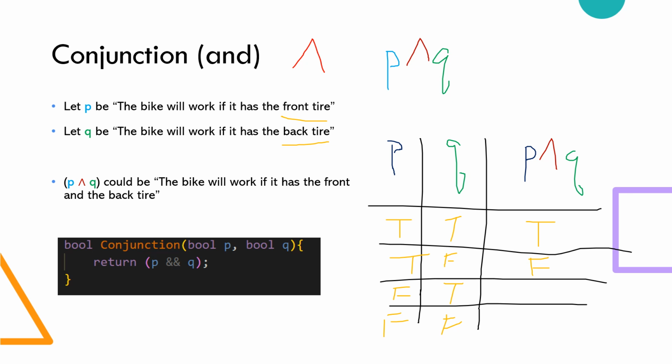If the bike doesn't have a front tire but has the back tire, it still wouldn't work. And obviously, if the bike has neither a front tire nor a back tire, it will not work. So as you can see, an and operator is only true if both propositions are true.